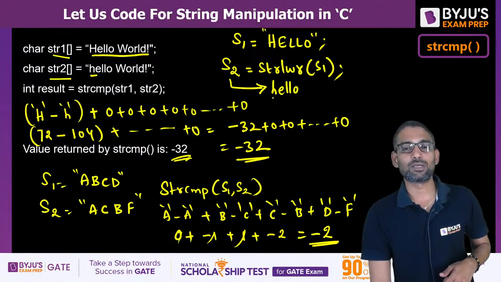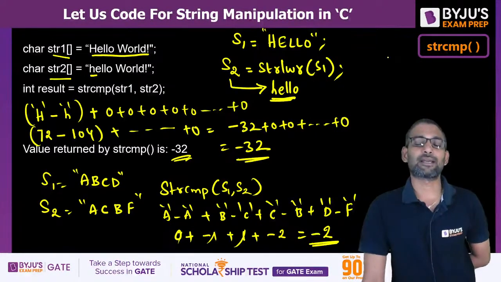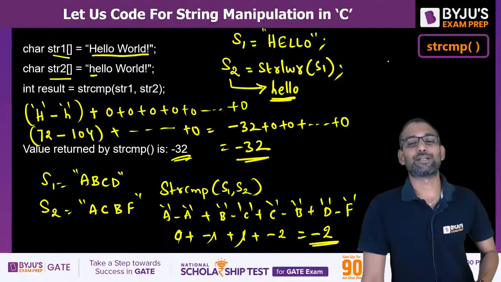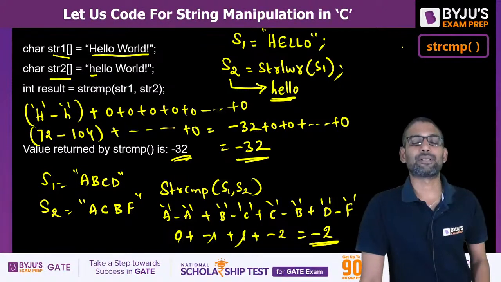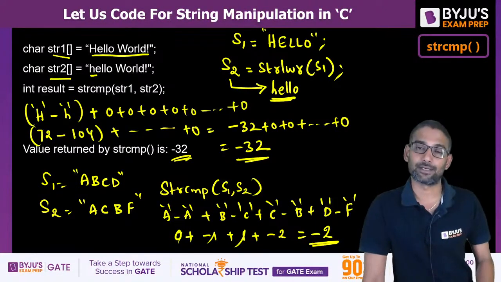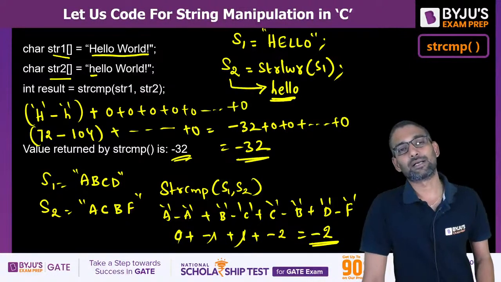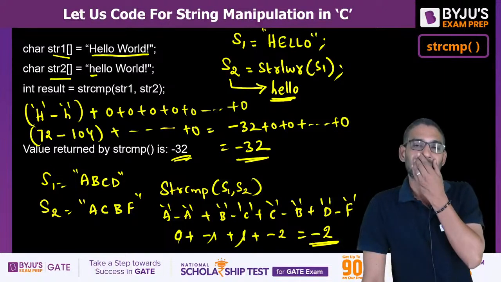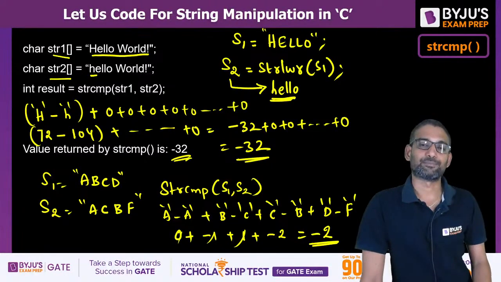All small characters. That means every character plus 32, because the ASCII value of a capital alphabet and a small alphabet differ by exactly 32. That means every character is added with 32. So you will get the respective small character.